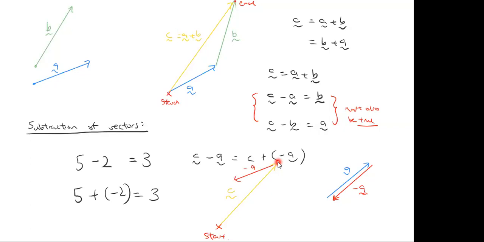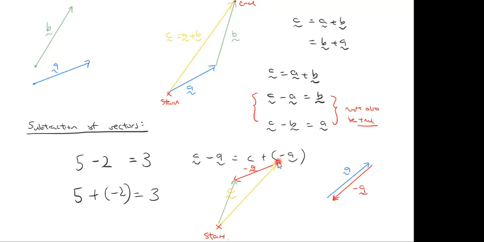So this is your negative A, which you're adding. So we're doing it like an addition. And then you'll get this sort of green vector left. Now, I didn't draw it very well, but can you see that it would basically give you B?